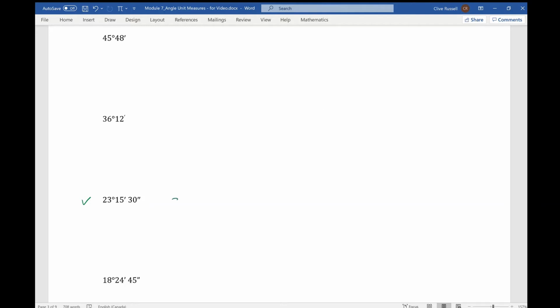So it's going to be 23 degrees plus we take the 15 minutes, you multiply by the unit factor, 1 degree over 60 minutes, and then you add to that your 30 seconds, and you multiply by the unit factor, 1 degree over 3600 seconds, and that's degrees there also.